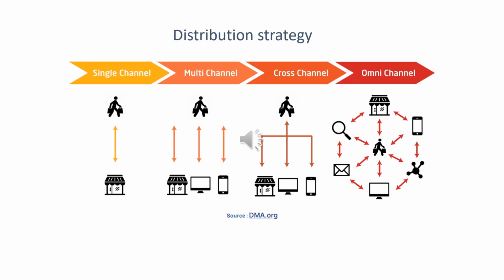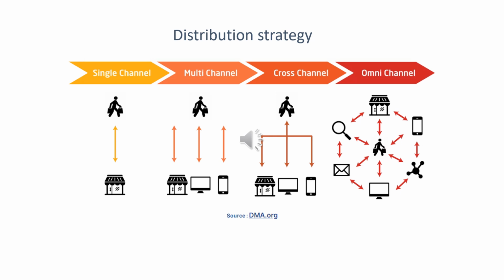So cross-channel is very different from omni-channel, because omni-channel goes even further. It offers a seamless experience across all channels, so customers can move from one to another without disruption. The goal here is to provide a consistent brand experience wherever and whenever the customer interacts with the brand.